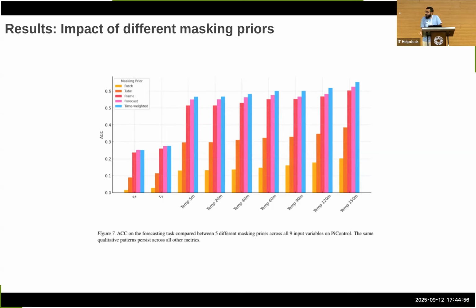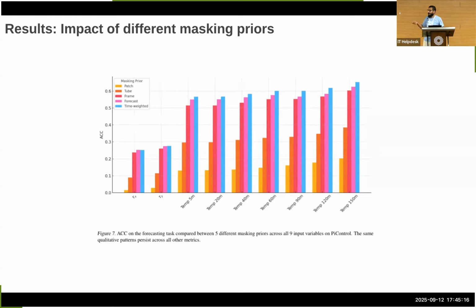We found that different choices of masking have different impacts on your final model. In the end, we ended up choosing something called a time-weighted mask. That's the blue bars, and that basically gave us the best results in terms of correlation skill.